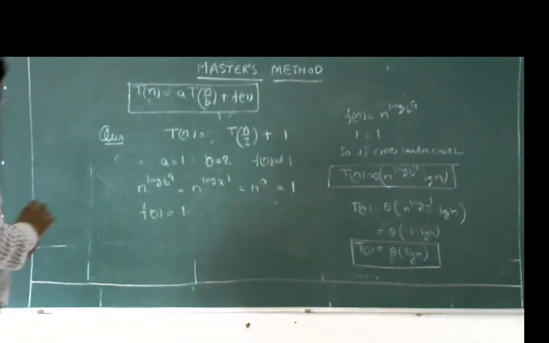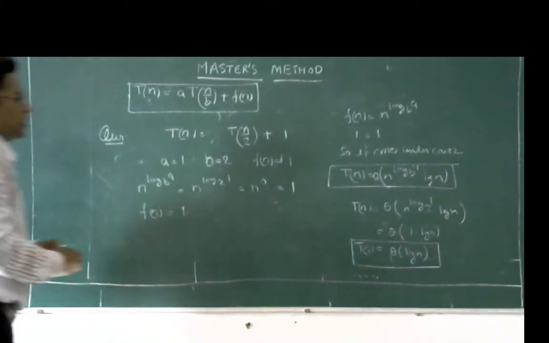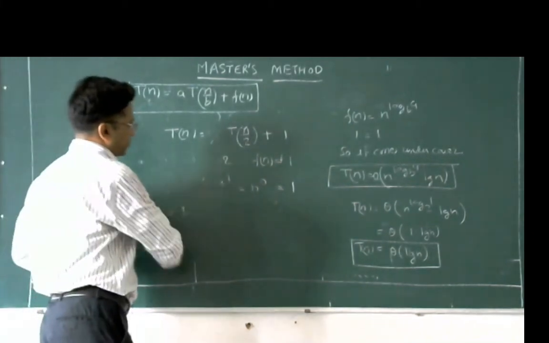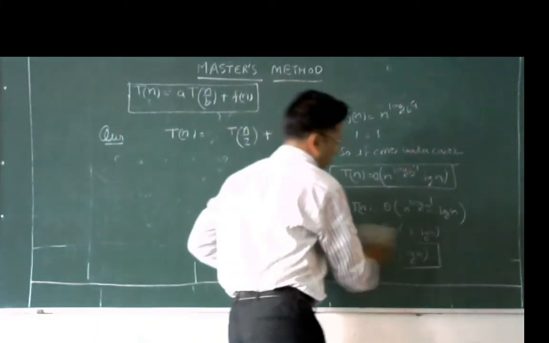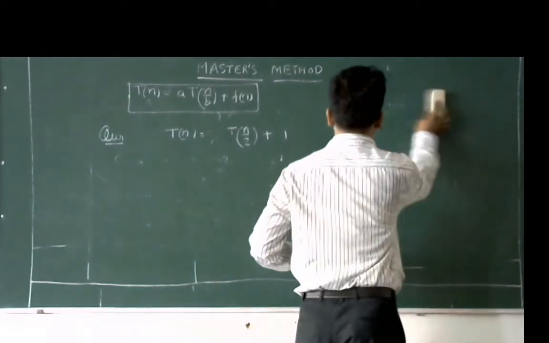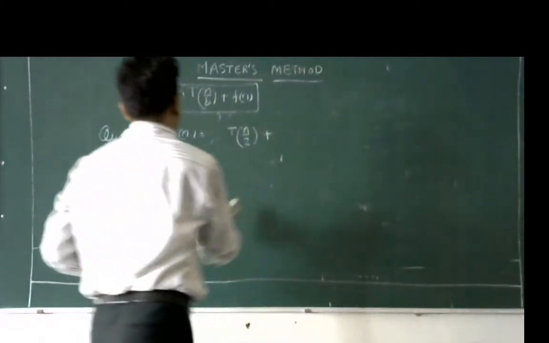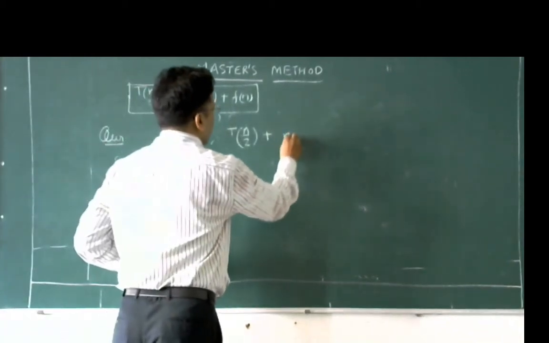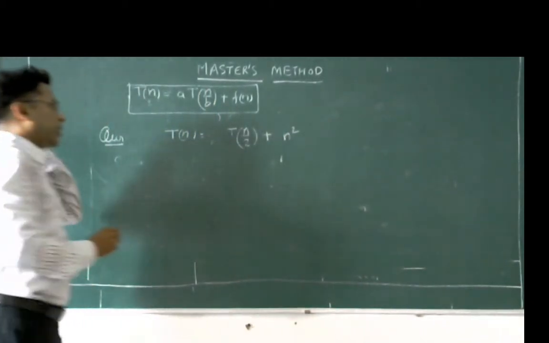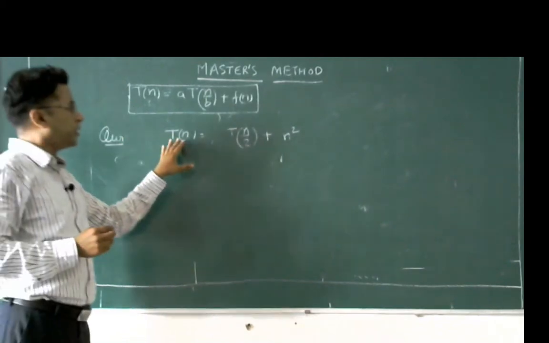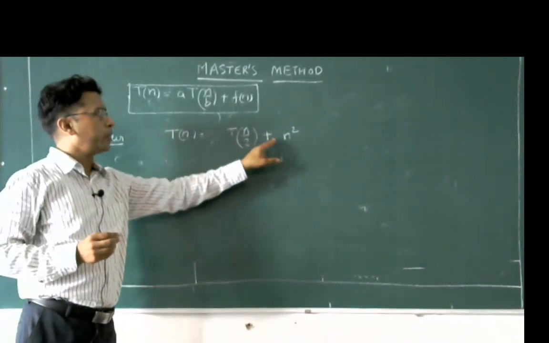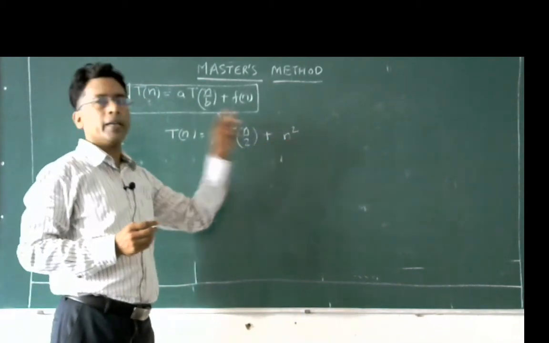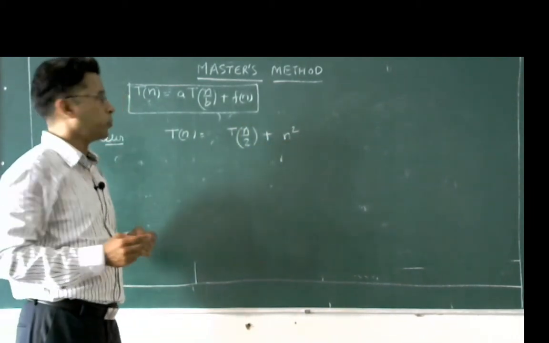After that, I am giving you the last example, of case 3. In case 3, the numerical has changed a little bit. T(n) is equal to T(n/2), but I have replaced the cost function by n square. Here f(n) is equal to n square.